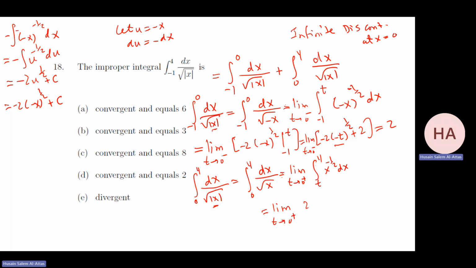It's 2x to the power half from t to 4. That will be the limit as t goes to 0 from the right. 4, square root of 4 is 2, that will be 4, minus 2 square root of t. As t goes to 0, that will be 0. So the answer is 4. So this one will be 2 plus 4, which is 6, convergent, and it's equal to 6.